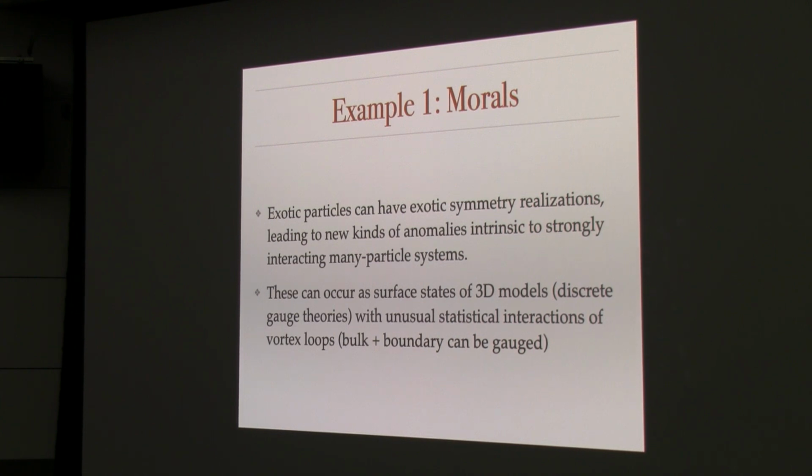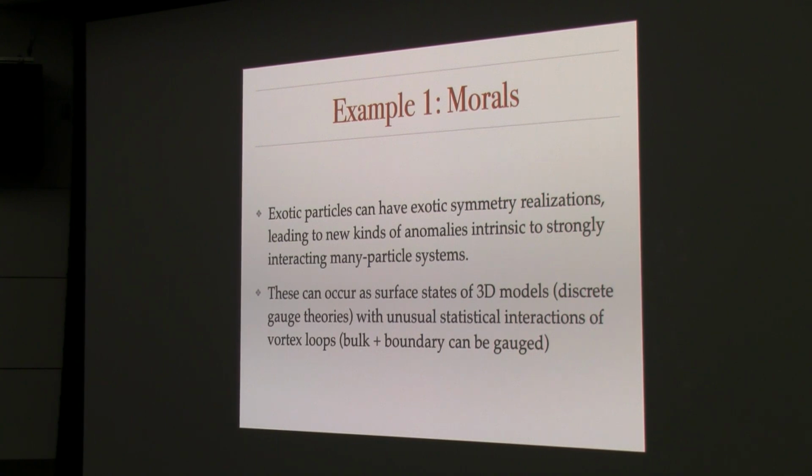And this leads to new kinds of anomalies that are intrinsically features of these strongly interacting systems. And these interesting anomalies naturally lead you to these interesting bulk three-dimensional models, which, if you think of what's going on with these symmetry fluxes, have these interesting statistical properties. Good.